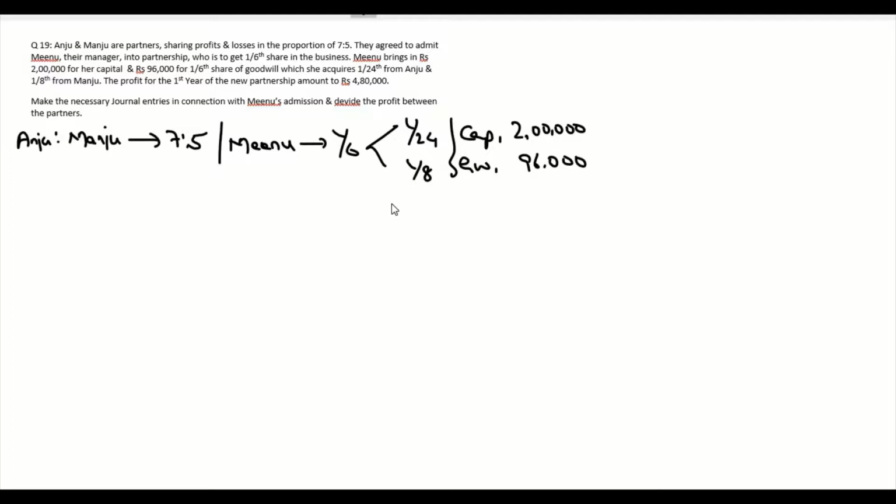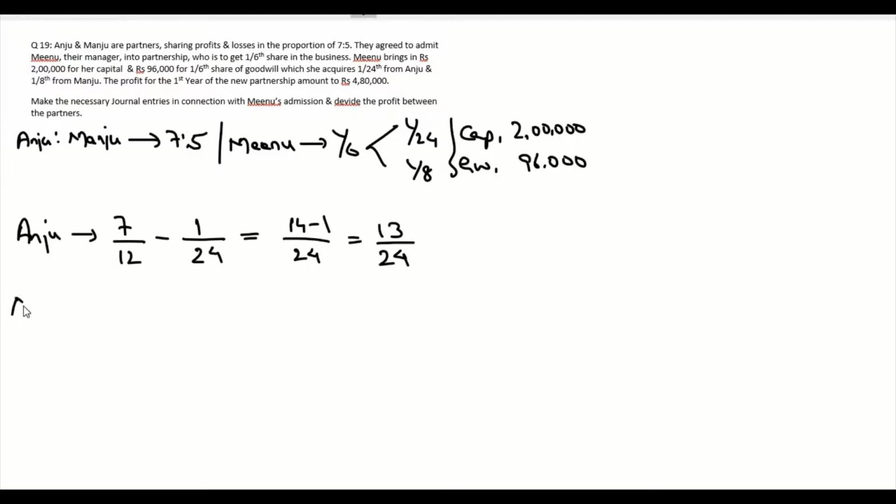Now we need to calculate the new profit sharing ratio for Anju. It's going to be her original share, which is 7/12, minus, she gave away 1/24 of her share to Meenu, so it is 1/24. This is equal to 14 minus 1/24, this is equal to 13/24.